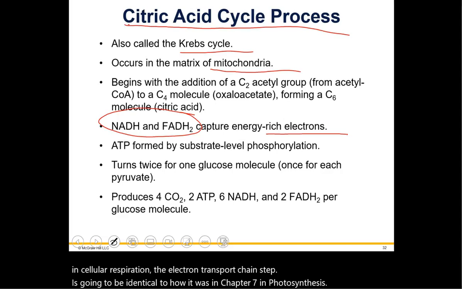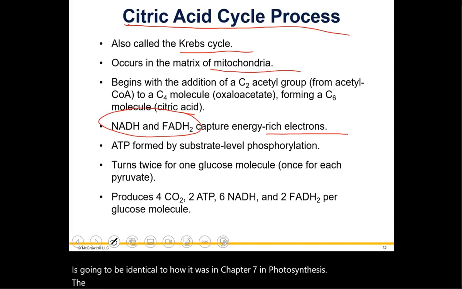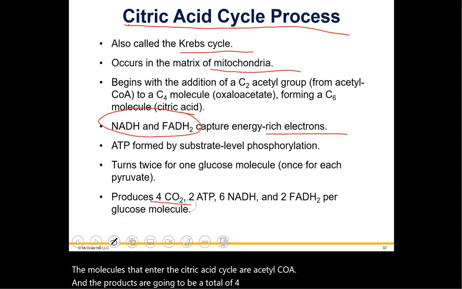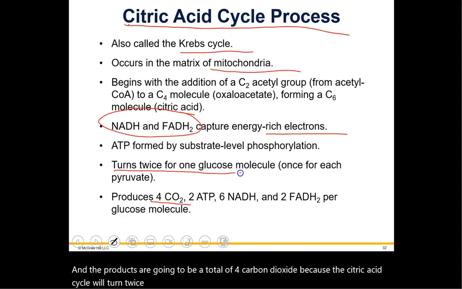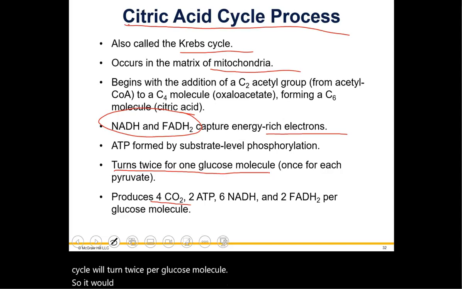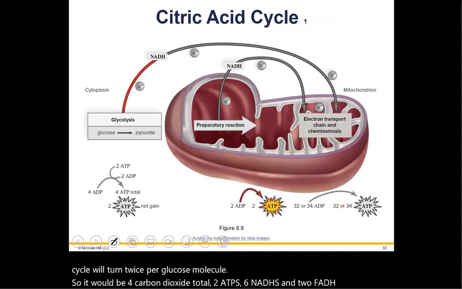So the molecules that enter the citric acid cycle are acetyl-CoA, and the products are going to be a total of 4 carbon dioxide, because the citric acid cycle will turn twice per glucose molecule. So it would be 4 carbon dioxide total, 2 ATPs, 6 NADHs, and 2 FADH2s.